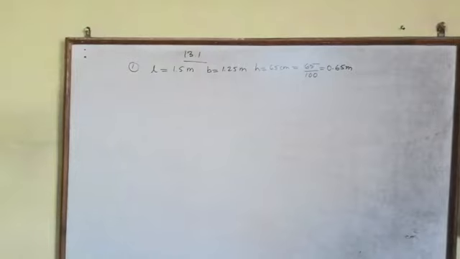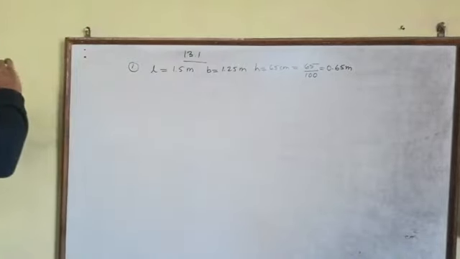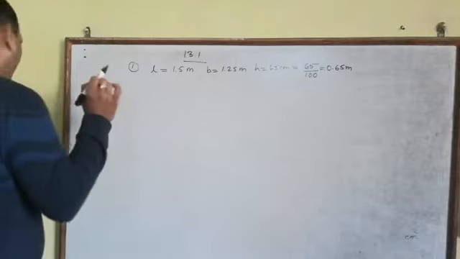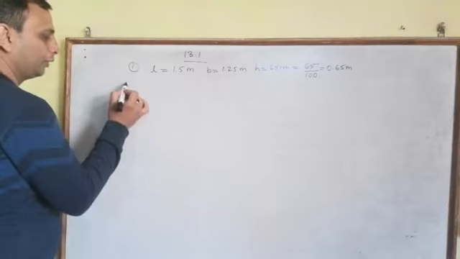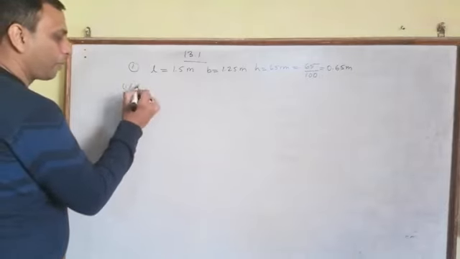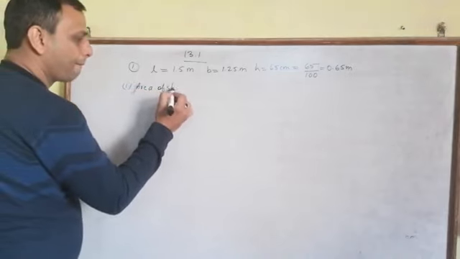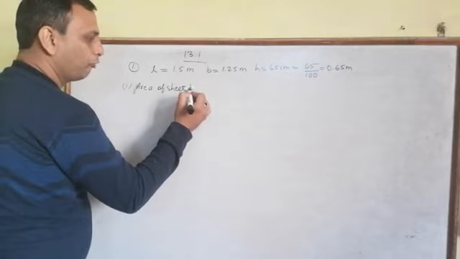Now we have the length, breadth and height, and we have to put them in the formula. The first part asks us to find the area of the sheet for making the box.